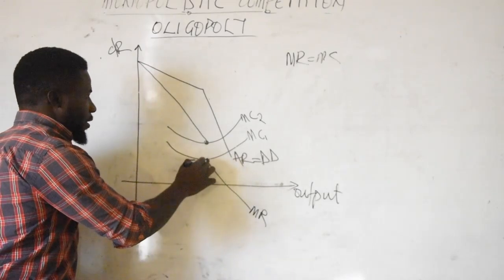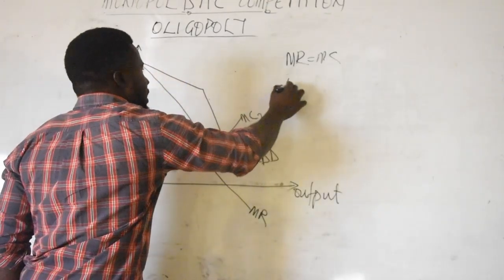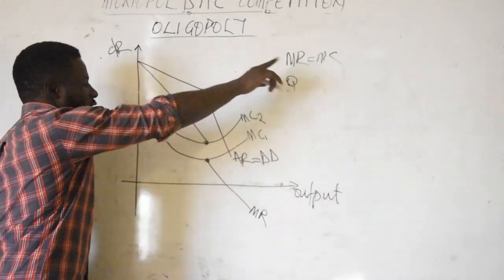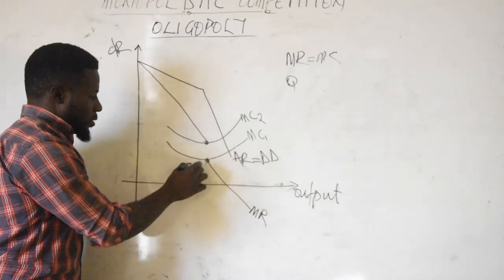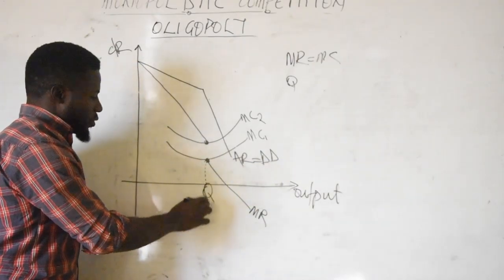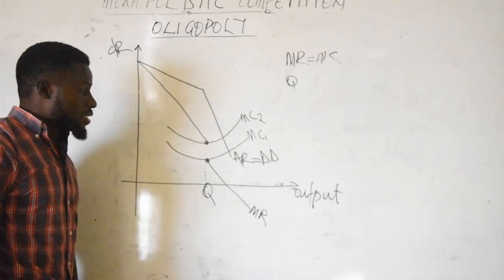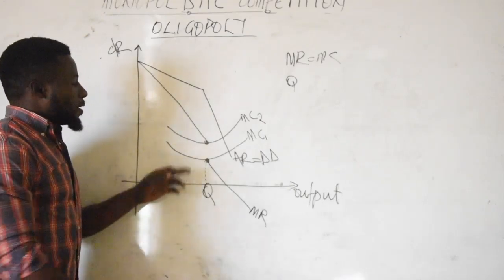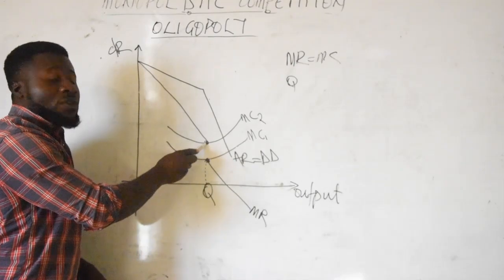So you have to determine your output now. What output is this firm producing? It is producing at that output where MR is equal to MC. And we have two of those situations here. This is our output where the firm is producing. What price is this firm going to charge? It is going to charge that price at the point where the dotted line coming from MR and MC touches the average revenue curve.